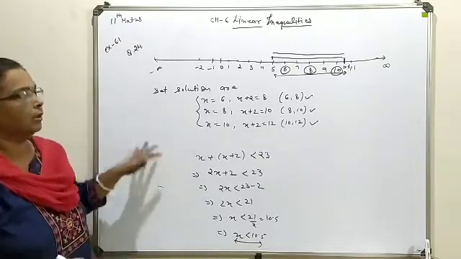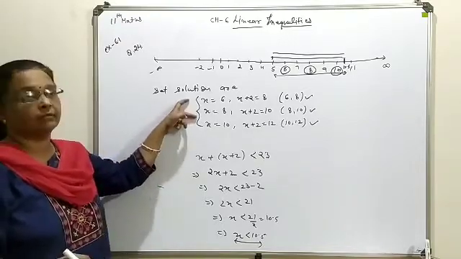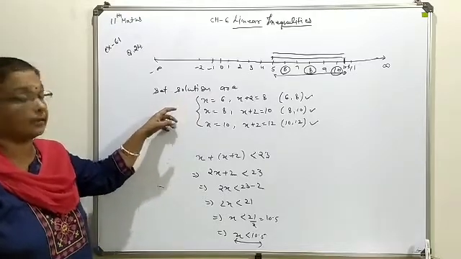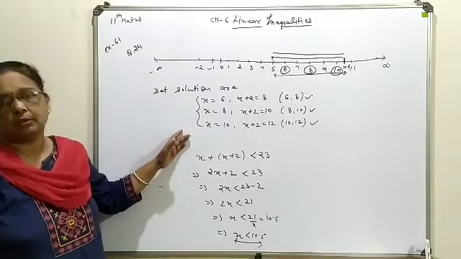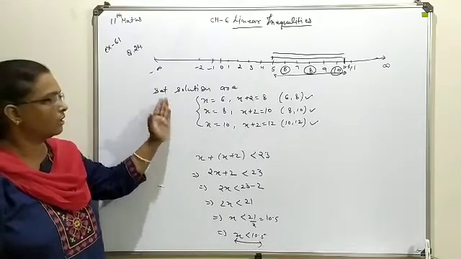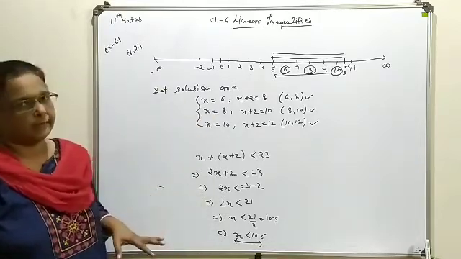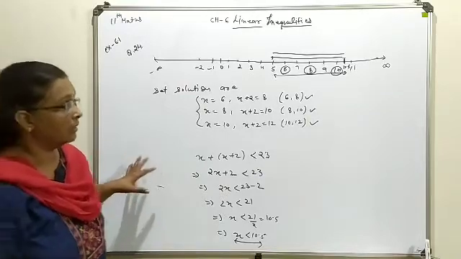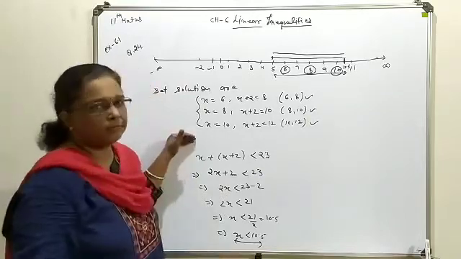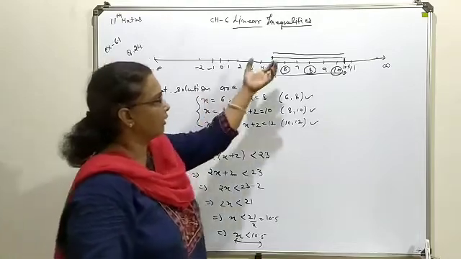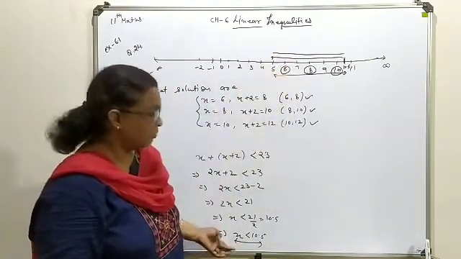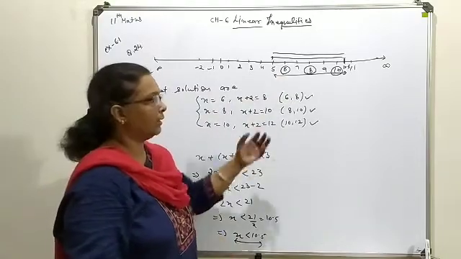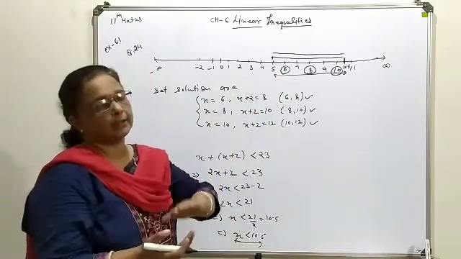So it is not necessary that every time you have two solutions, as we have seen in the last class. It may be possible that you have more than two solutions for your x value. So this way you have to write down the final answer form. Here the main task is, on the basis of the first basic inequalities, you find the common solution and then find the combined solution which suits your last inequality, that is less than.